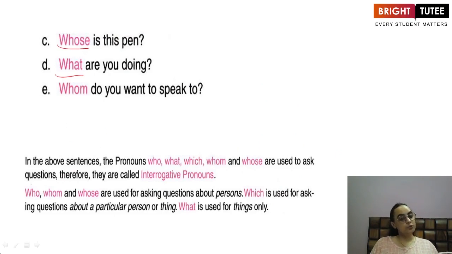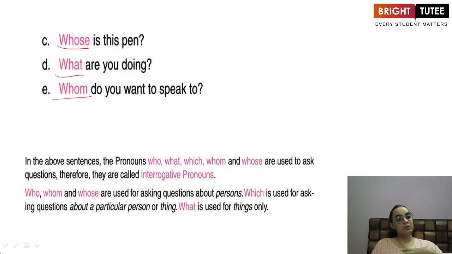What are you doing? What is the interrogative pronoun? Whom do you want to speak to? Whom is the interrogative pronoun? Right? Therefore, we use an interrogative pronoun to ask a question about some people.